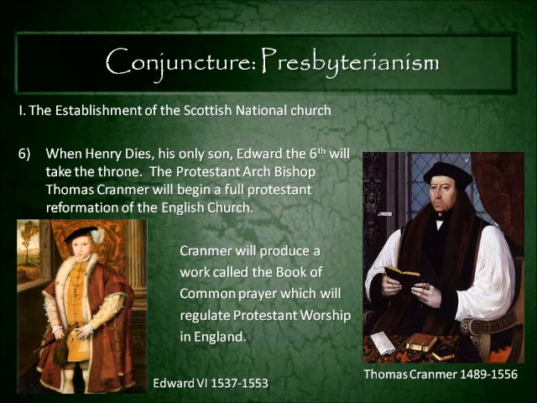Now I know what you're asking. How can Thomas Cranmer shape the English church if the King of England is the head of the church? Well, there's a very simple explanation for this. When Edward VI takes the throne, he is the very young child of Henry's fourth wife.